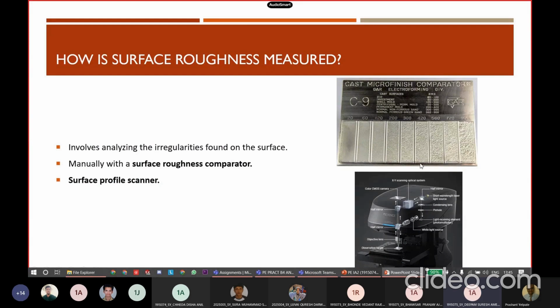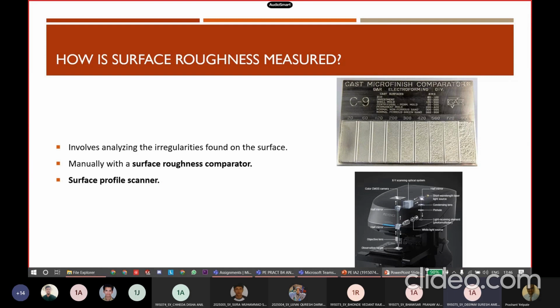It is kept on the sample that we are inspecting, and by just observing or by using touch, we can come up with the grade or the closest roughness value of the sample as compared to the comparator.